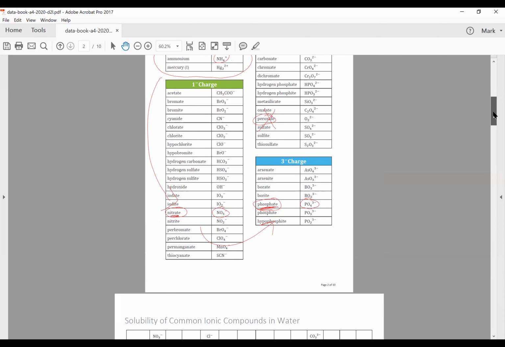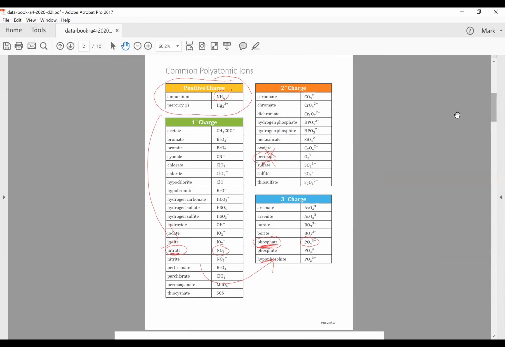Yes, you will have this data book, and you can see where I get my information here on the screen I'm sharing. There's nitrate, there's phosphate, there's ammonium. They're all circled. You don't have to worry about peroxide. And you will have this data booklet on your test or final. It's in your lab in front of you. I mean, you'll always have this.